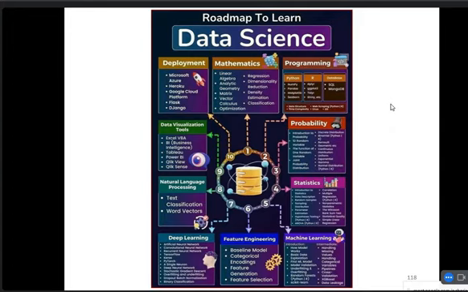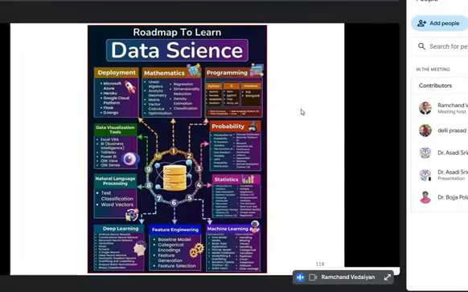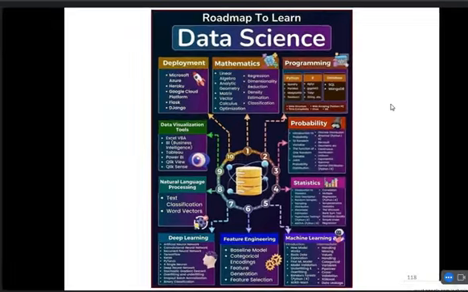Has anyone joined? Yes, there are two people. Please allow them. Who are they? Let me see their names. One is Delhi Prasad, sir. He is from my native place, Tirupati, Andhra Pradesh. The other person is Dr. Bojja Polaya. He has very good knowledge, he's an outstanding fellow and a doctorate.